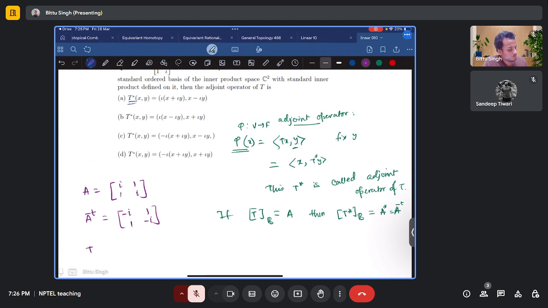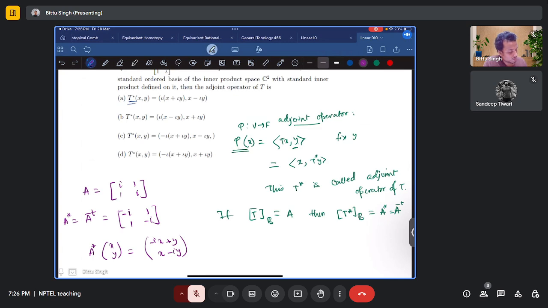Now if we apply this A star on (x,y), we have minus ix plus y, x minus iy, right?